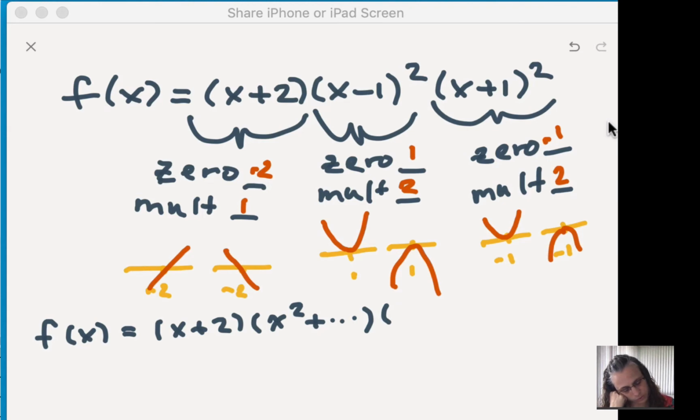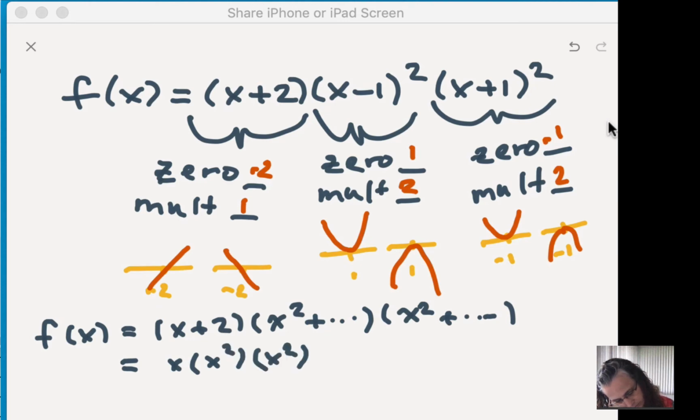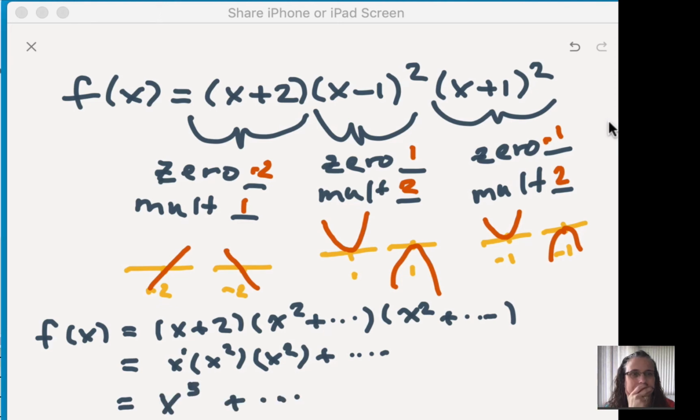And then x plus 1 quantity squared, it's also going to be x squared plus some stuff. You with me so far? Yeah. Okay. So the first term is going to be x times x squared times x squared plus some stuff.